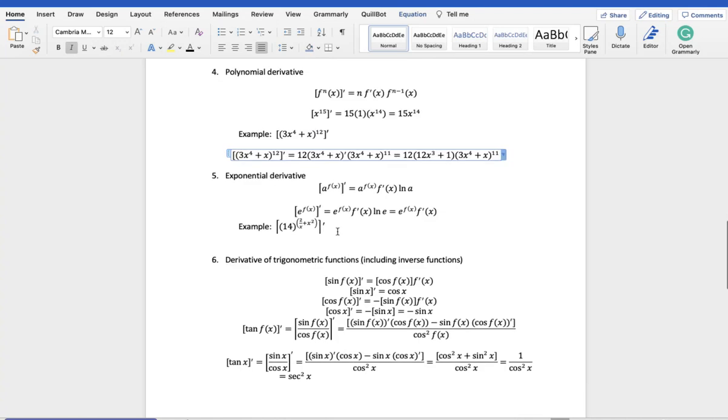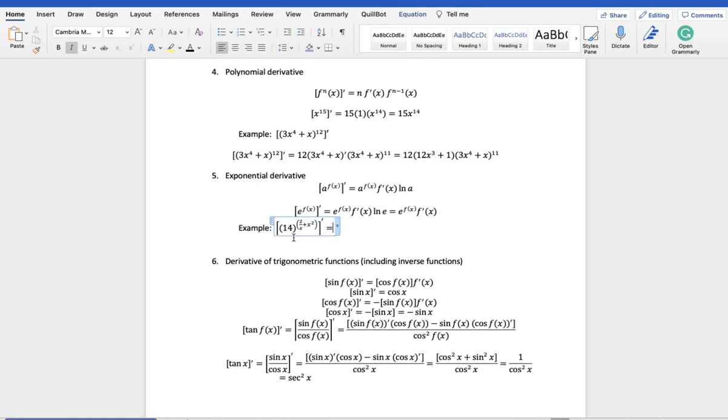Next, if we're looking at the exponential derivative and you're trying to find the derivative of 14 to the exponent of 2/x + x squared, you just apply our general form here. So our a is equal to 14, our f(x) is equal to 2/x + x squared.